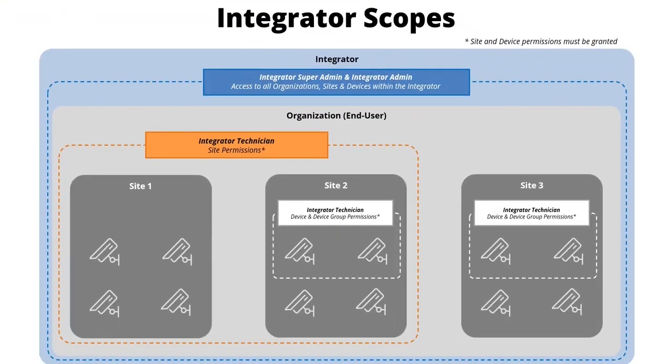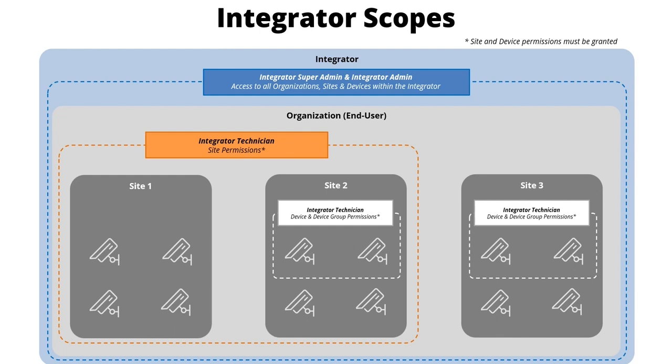Now let's dive into the integrator scope. As you can see, the larger blue box here is the integrator. The integrator superadmin and integrator admin are going to have rights to all devices, sites, and organizations that fall under that integrator.